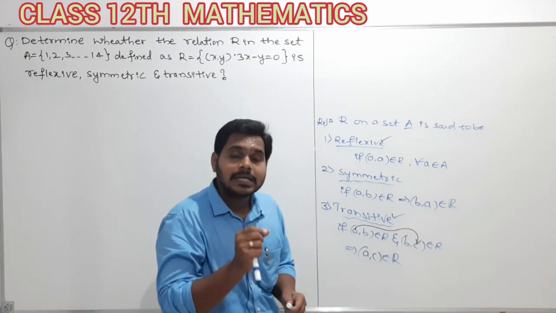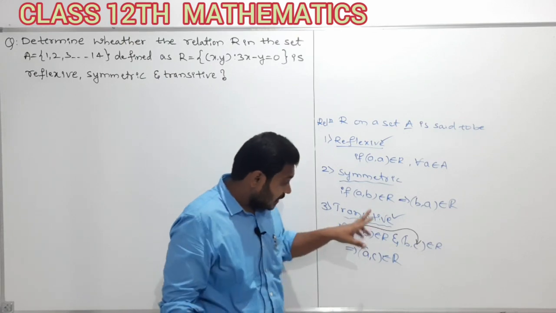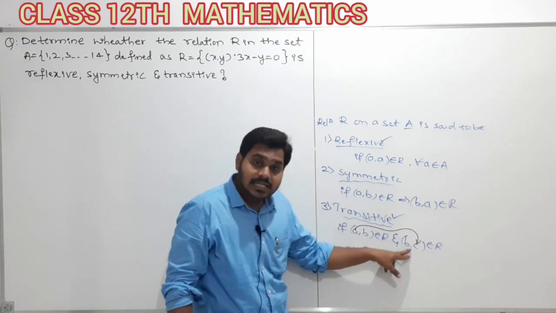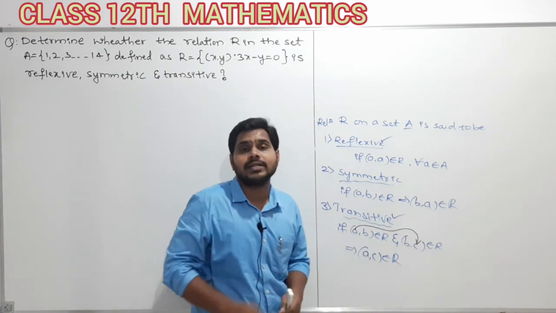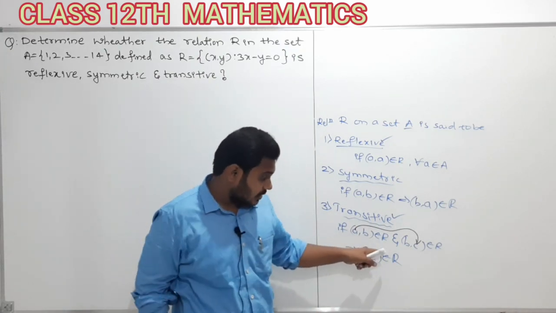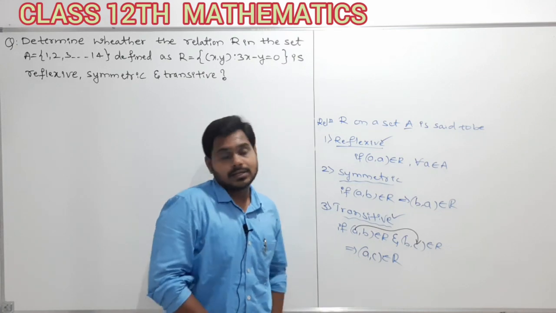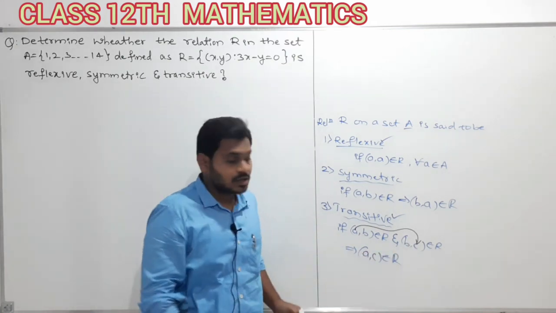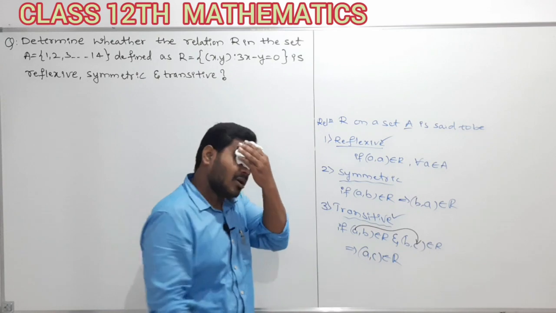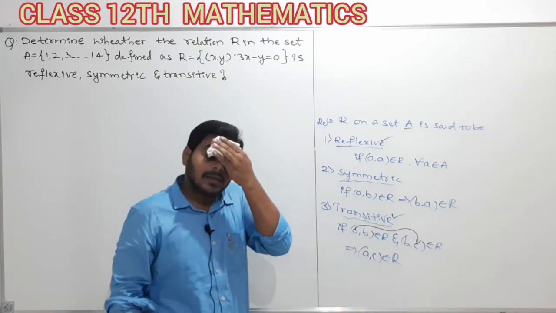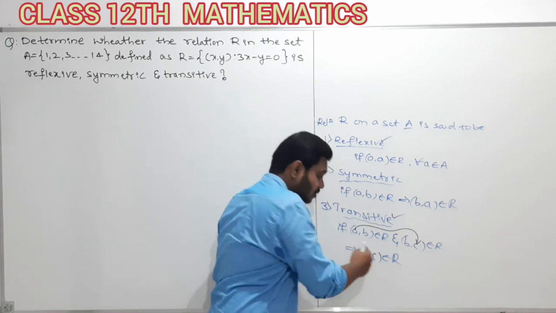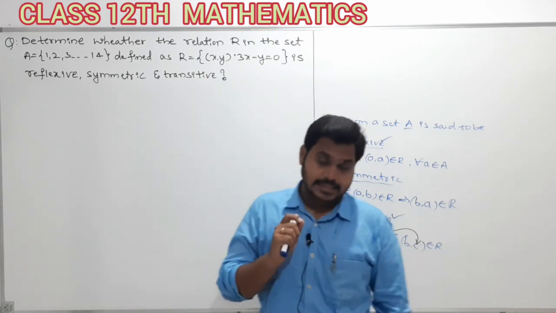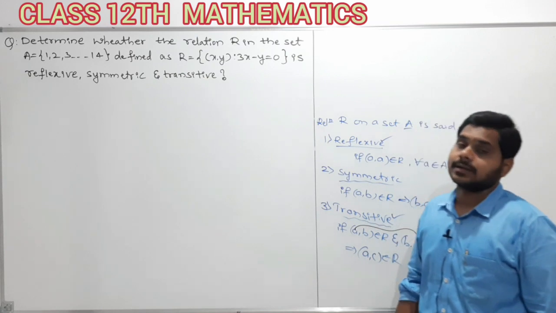My dear students, please keep in mind, if (a, b) is there and (b, c) is there, only then should we think whether (a, c) is there or not. If only (a, b) is there and there is no (b, c), we should not think about (a, c). If (a, b), (b, c) are there, then only we should check whether (a, c) is there or not. That we should check, my dear students.